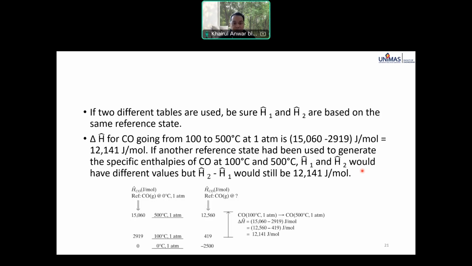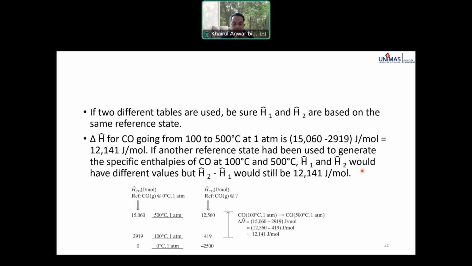If two different tables are used, H1 and H2 must be based on the same reference state. So delta H for CO going from 100 to 500 degrees C at 1 atm is 15,000 minus 2919, so we get 12,141 joules per mole.